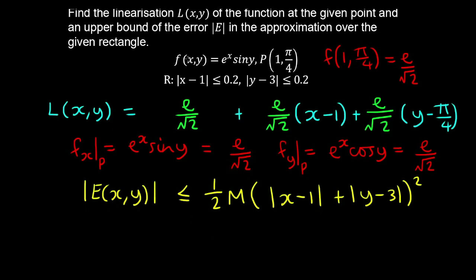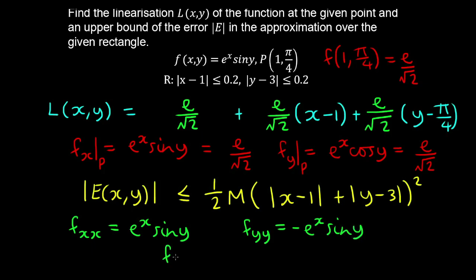So if we evaluate the second partial derivatives, we get the second partial derivative with respect to x as e to the x sine y. And the second partial derivative with respect to y is minus e to the x sine y. And the mixed partial derivative with respect to x and y. So we can just differentiate this with respect to y. So that gives e to the x cosine y.